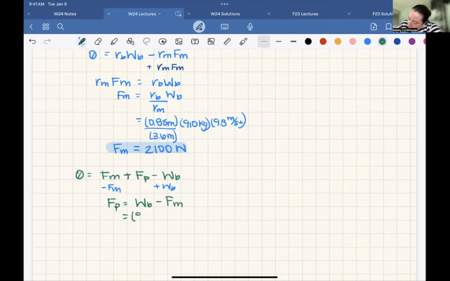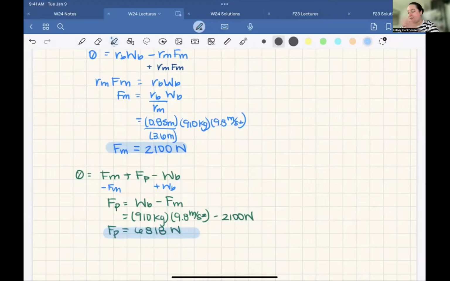So I'm going to plug in 910 kilograms times 9.8 meters per second squared minus 2100 newtons. And this is 6,818 newtons. We could probably round that, but I'll leave it for now. So that is the force provided by the pivot, which honestly is a lot more than the force provided by the man.